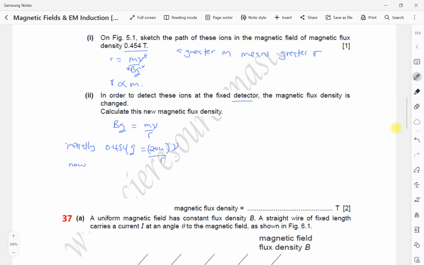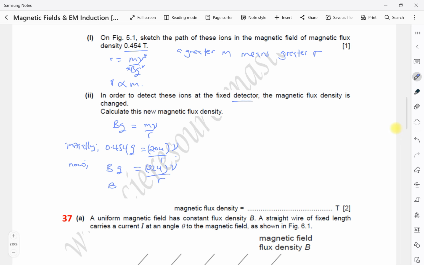Now we want a new value for B when the charge is the same, and the mass is now 22 times U. The speed is the same, and the radius should be the same because we want them to arrive at the same position of the detector.